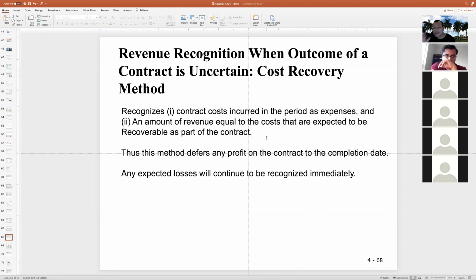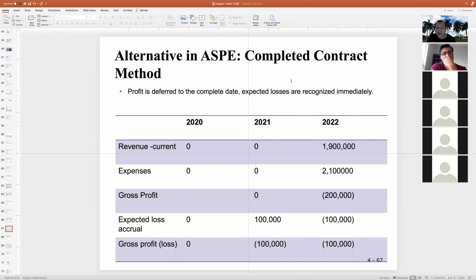You defer any profit on the contract to the completion date. Again, any expected loss will be recognized immediately. So it's similar to the completed contract method. The difference is that for the completed contract method, they do not recognize revenue or expenses at all until the completion date.